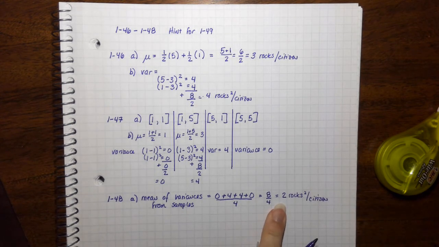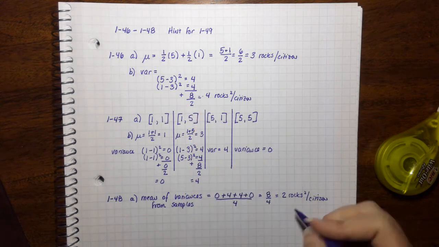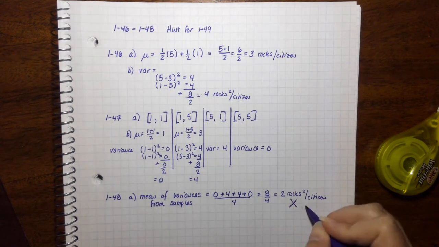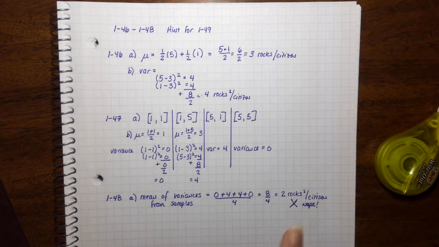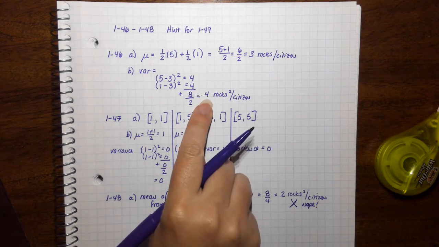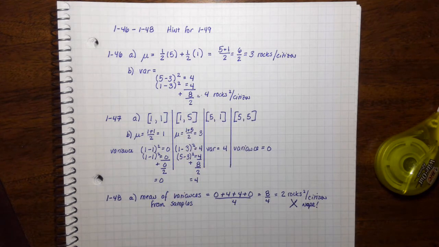Okay, this did not equal this, so this is wrong. Nope. We need to get a calculation that equals this. So this is kind of what I was talking about at the end of the last video.